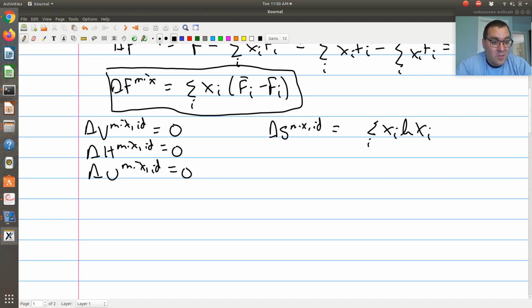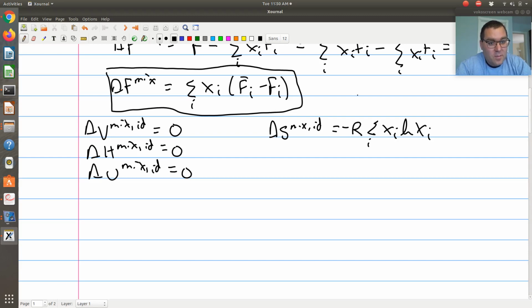So if xi is less than 1, log xi will be negative. So if delta S of mixing is positive, I know I need a negative sign in front of here to make it positive. And it's going to be negative R, and R just comes in.